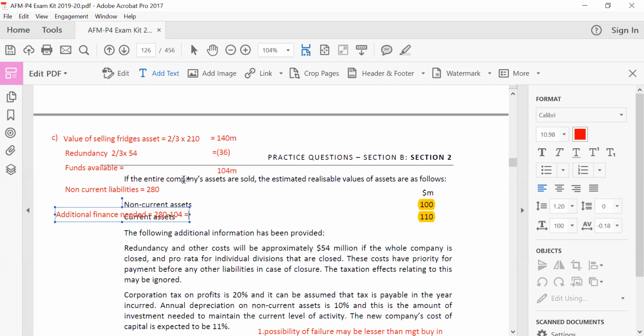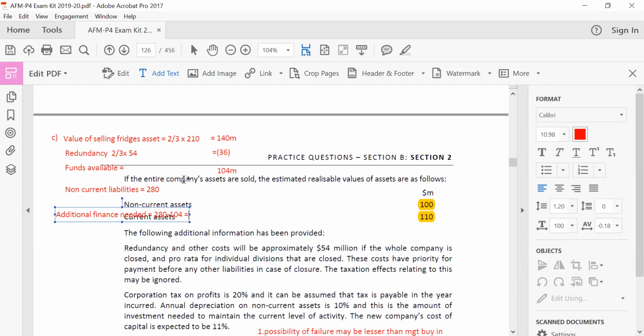That means the benefit of selling the fridges was 140, and the cost that comes with selling the fridges division is a redundancy of 36. So the 140 compared with the 36 gives us a net effect of 104. So at the moment, the money we have in our hands by selling the fridges division is 104.